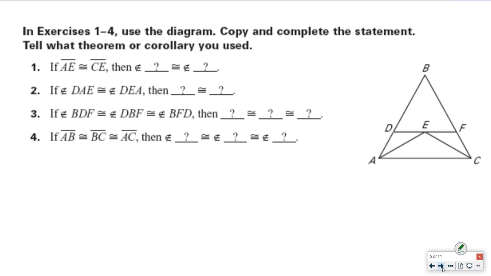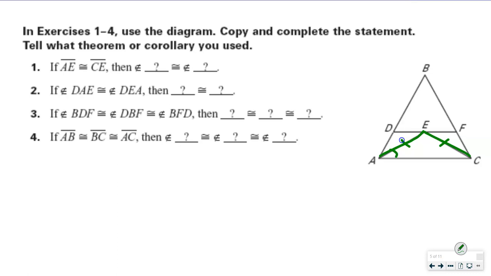So examples 1 through 4. We want to copy and complete the statement and tell what theorem or corollary we use. So we're just going to fill in the blanks and then tell what corollary or theorem we use. If AE is congruent to CE, then, and this funny little symbol that looks like a curved E with a line through it means angle.